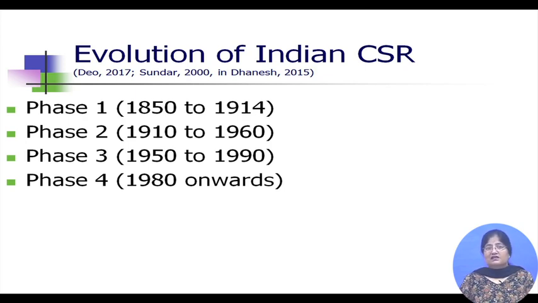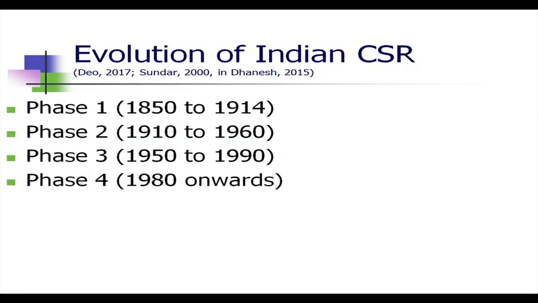The third phase lasted from 1950 to 1990, and the fourth phase went on from 1980 onwards. Now, again, some other researchers have broken this up further into more than 4 phases. So we are going to discuss the various phases of CSR, but this is one classification. Another classification has 6 different phases, and so that's what we will talk about now.